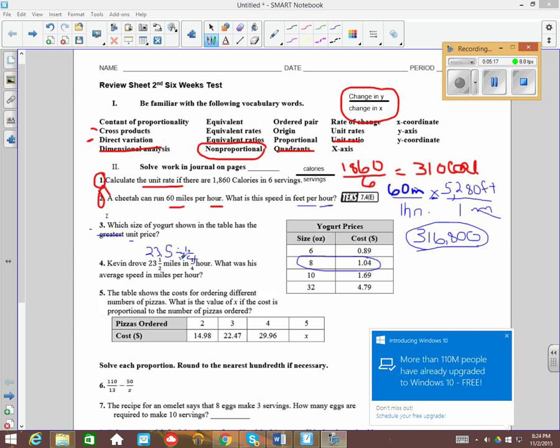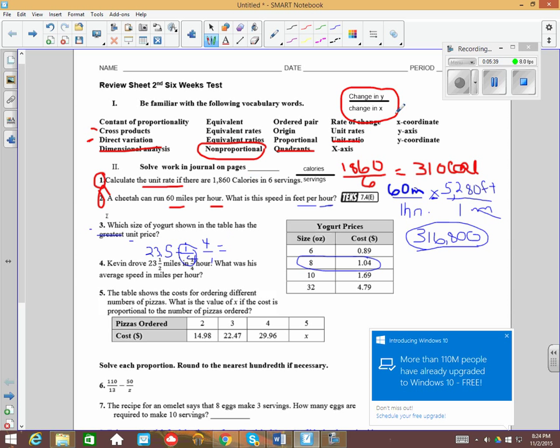So when you have 23.5 divided by 1/4, don't forget you're going to have to flip the 1/4 to change it to 4 over 1. So now you would multiply 23.5 times 4 over 1, and that will give you your answer.